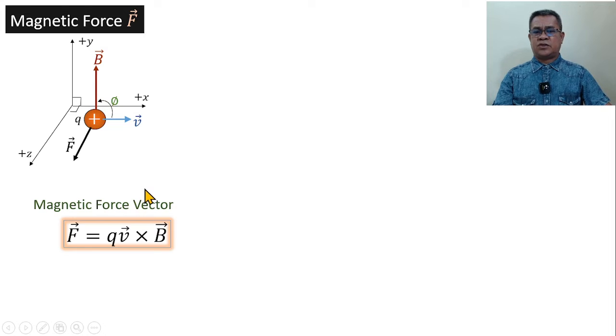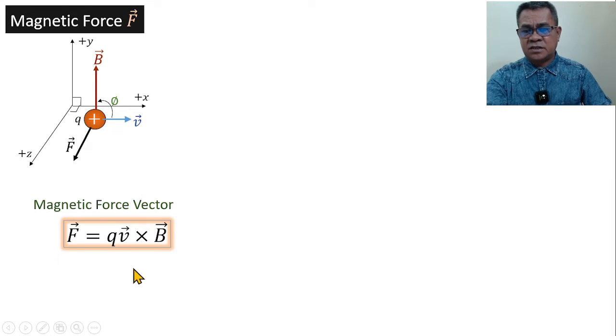does the charge experience? And the formula says that the magnetic force vector is equivalent to the product of the charge, its charge, times the cross product of the velocity and magnetic field. Remember, the cross product matters with orientation, which means that we cannot reverse the velocity and magnetic field.